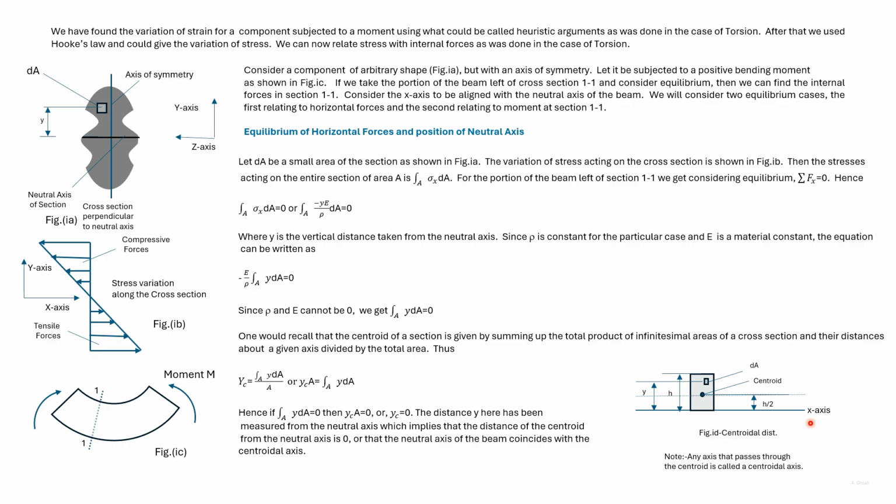That is because the x-axis coincides with the centroidal axis. Now here we have taken the vertical distance from the neutral axis. So when we say that the centroidal distance is 0, that means that the centroidal axis coincides with the neutral axis.